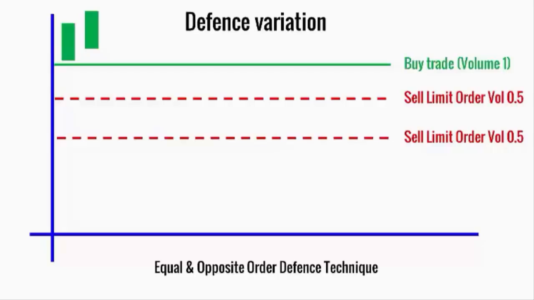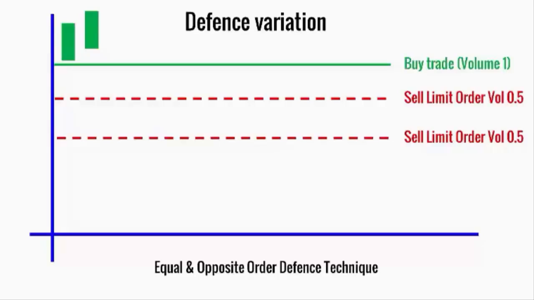And therefore, if I'm only actually having to manage the one of those two defensive trades, there's a good chance that when the price gets above the buy trade, I can actually manage my way out of the situation more quickly and also possibly more profitably.